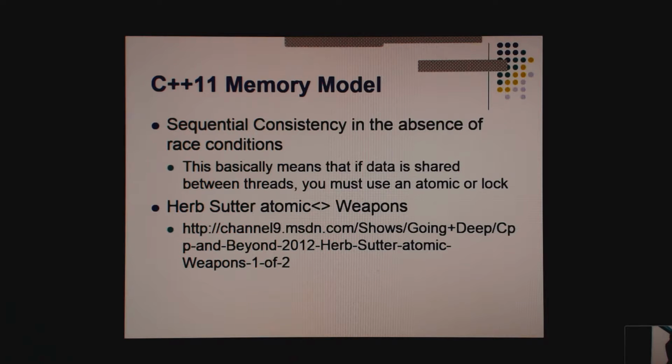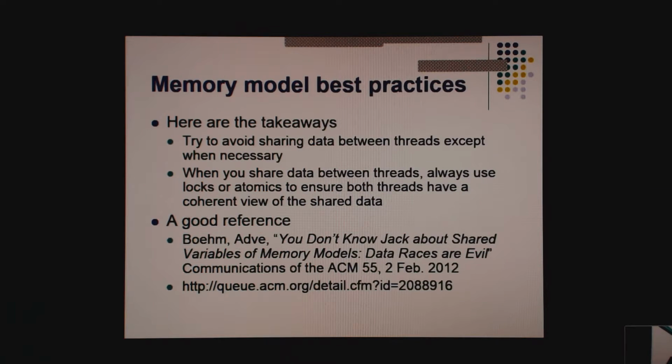It's never, ever safe to use data that's shared between threads without using synchronized operations. Herb Sutter has a nice lecture on atomics that I have a link to there.